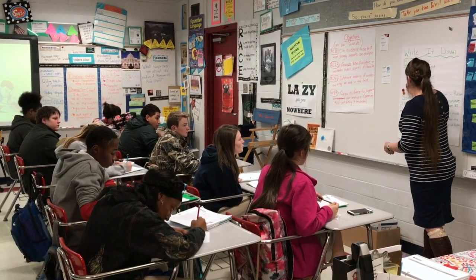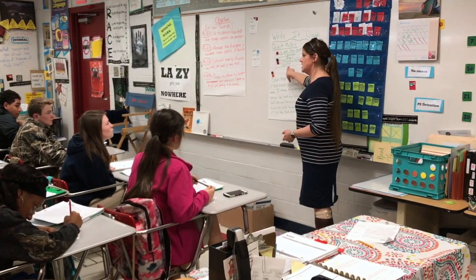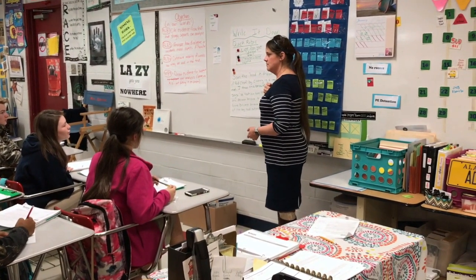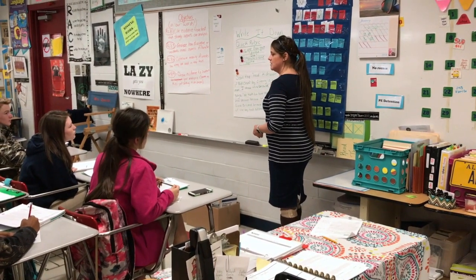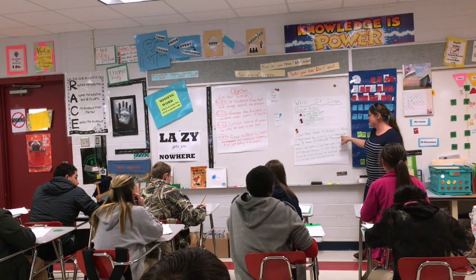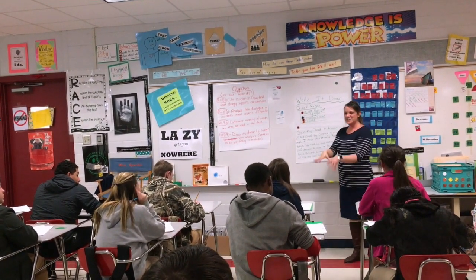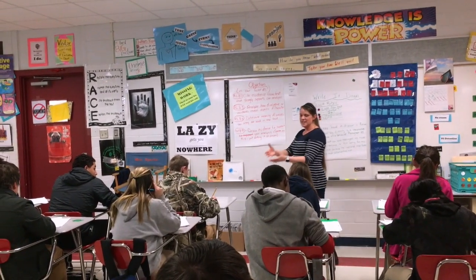So we want to make sure we have our character's name. Do I have an adjective to describe my character? Yes. My adjective is reasonable. That is correct. All right, so now take a look at your own quote. Check it against your rubric.